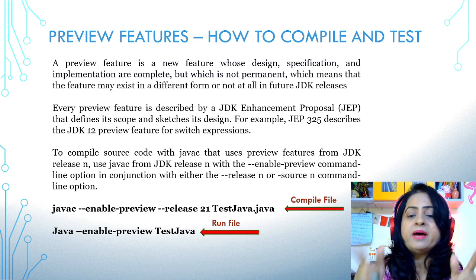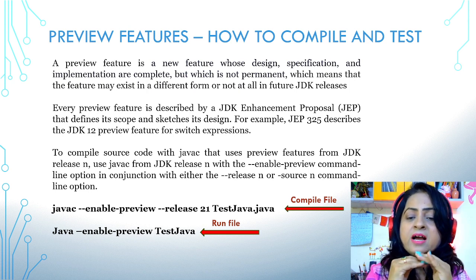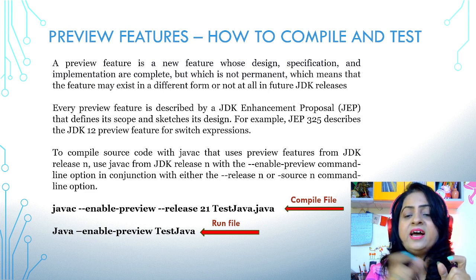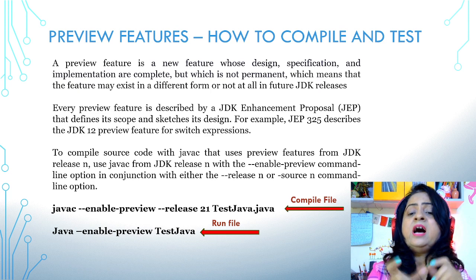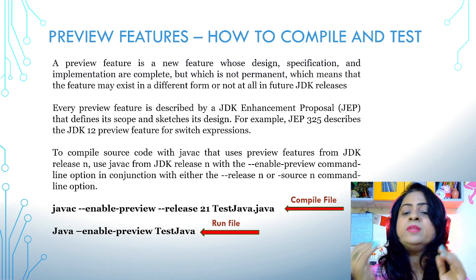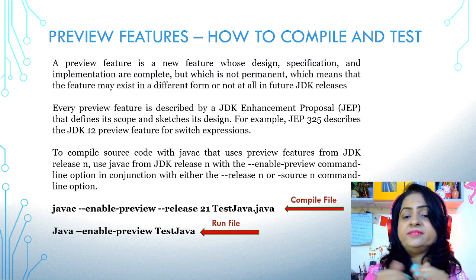In my example, I have provided enable preview and release 21. This is the compilation command. And how do we run it? For running, we write java and again pass the command line argument enable preview, again to tell our JVM to execute this as a preview feature. This is how preview features are compiled and run.